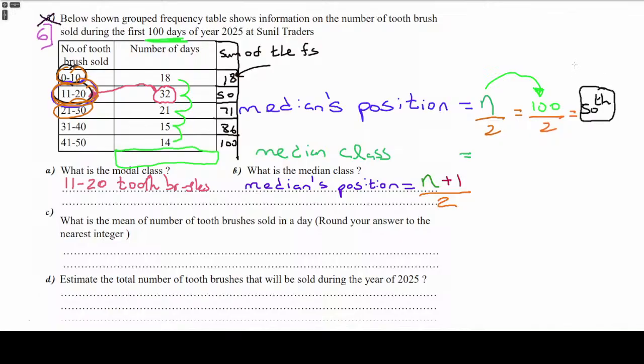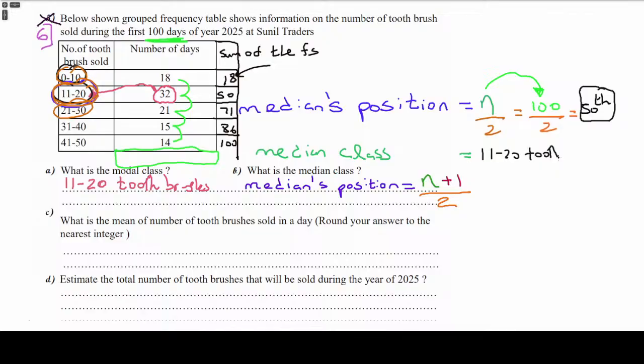That is the class of 11 to 20. Why? As I said a while ago, from the 19th position to the 50th position is owned by the class of 11 to 20. So the median class is 11 to 20 toothbrushes.